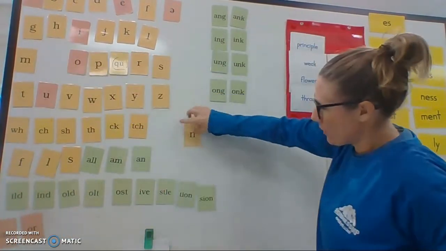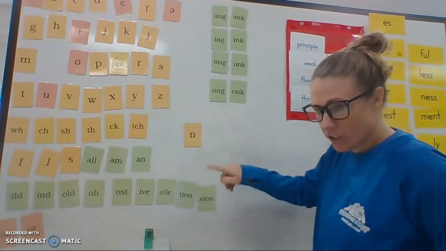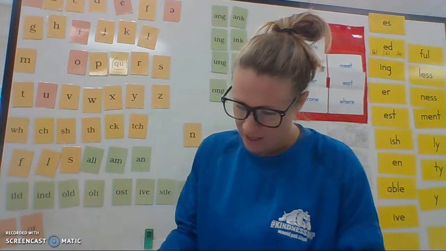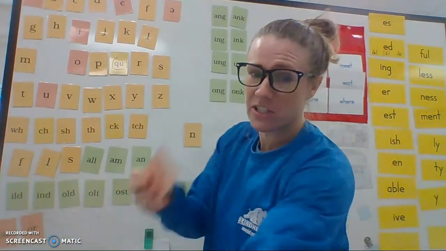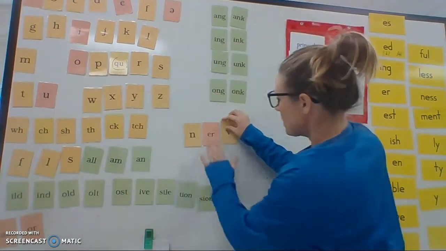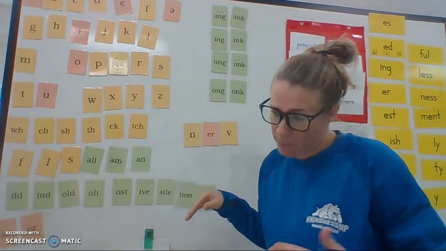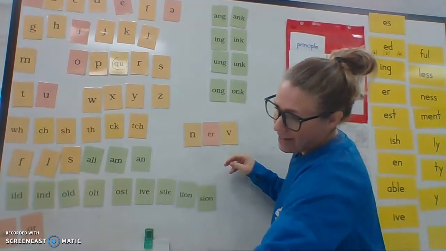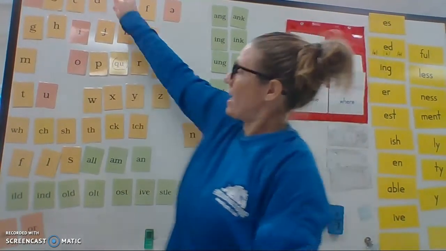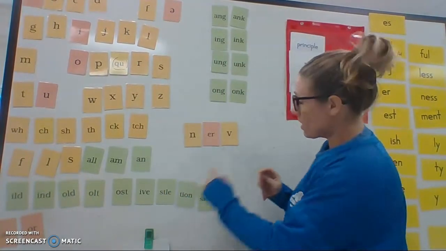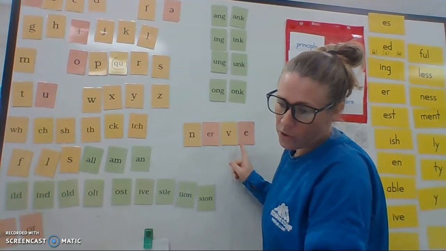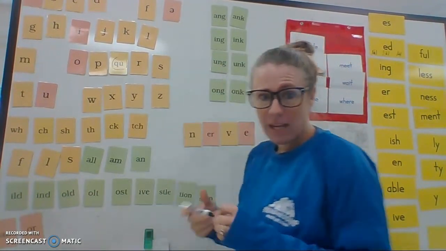When we hear it, we hear n, then we hear ER, and then we hear v. So these are the only sounds that we hear, but since it never ends with V, we still have to have an E at the end. Even though it's an R controlled, we still add that E. So we still would mark it as an R controlled.